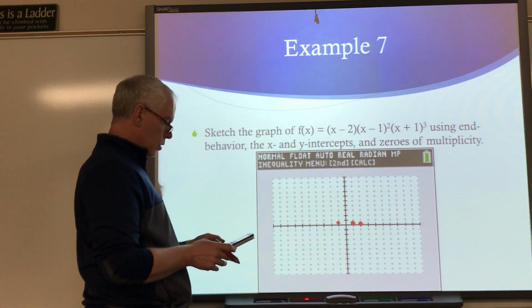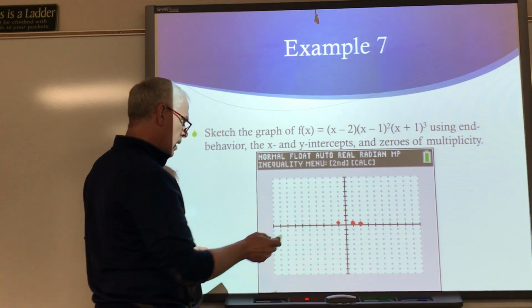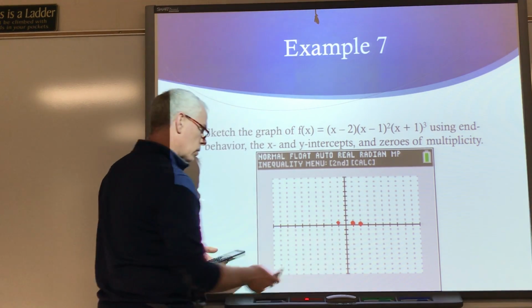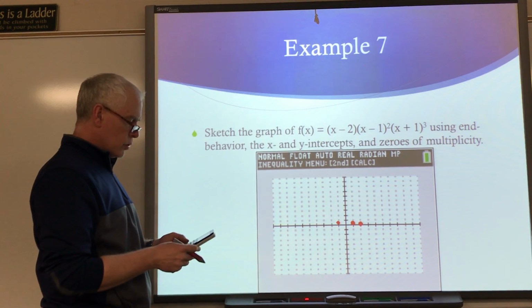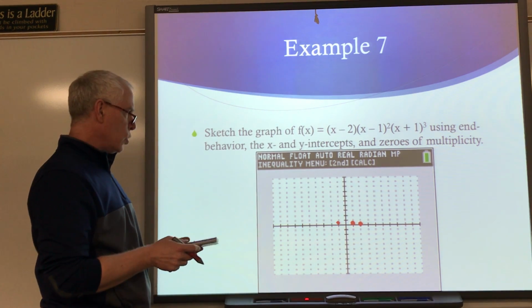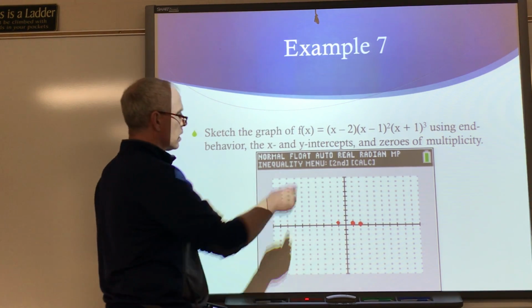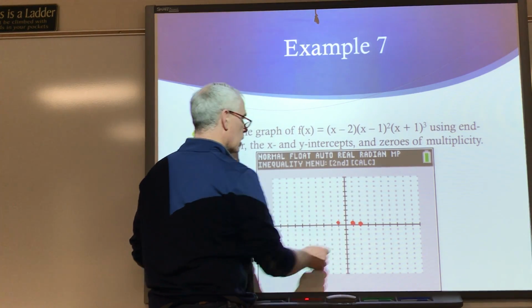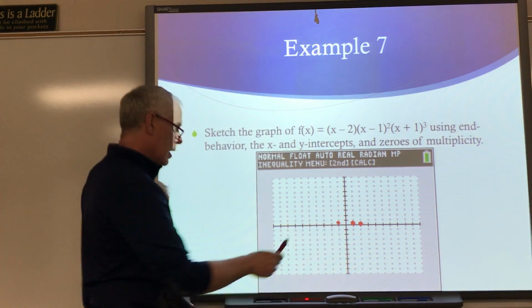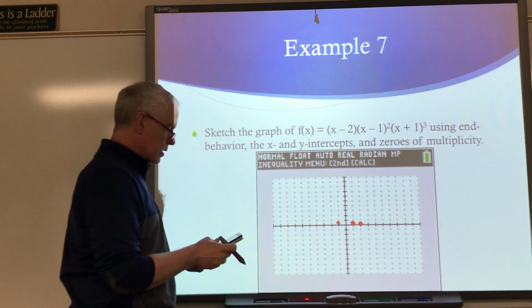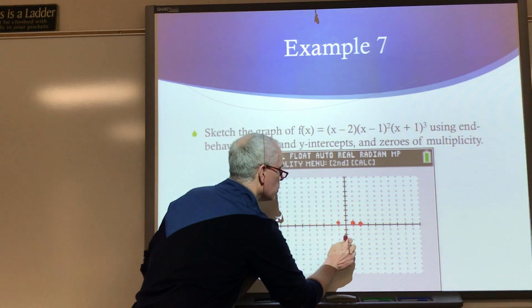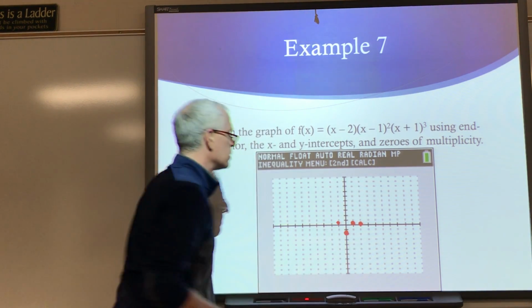Okay? And so I'm going to go to my table, and I want to test the point to the left of this. So I want to go to -2, for instance. And at -2, we're at 36, so we're off the charts. We're going to come from very high, and we're going to come down. Okay, so we'll keep that in mind. Between -1 and 1, say at 0, we're at -2. So we're going to come down to that point.